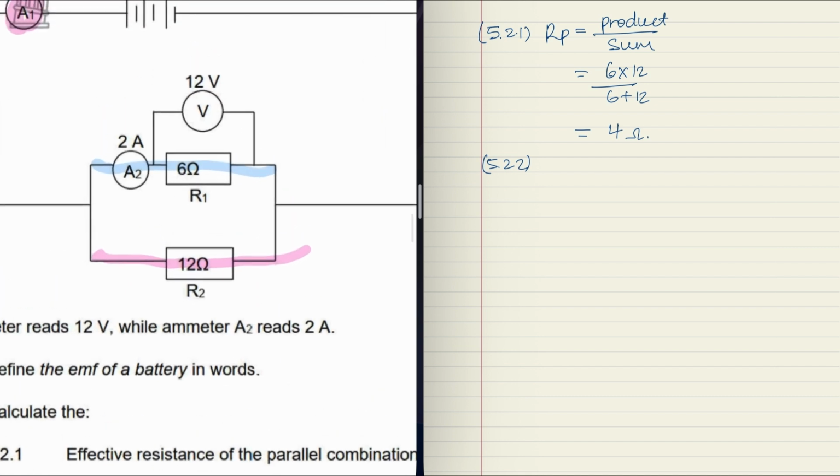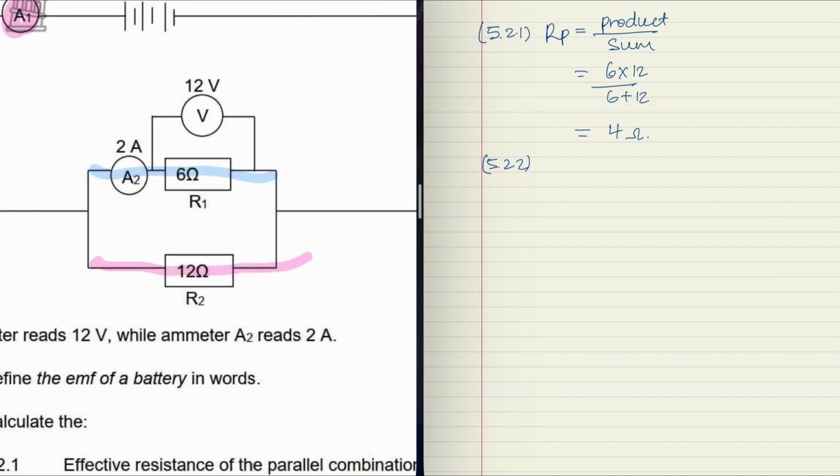So if I look at these two branches, 6 is half of 12. And so because the resistors are in a ratio of 2 to 1, the current is also going to be in a ratio of 2 to 1.